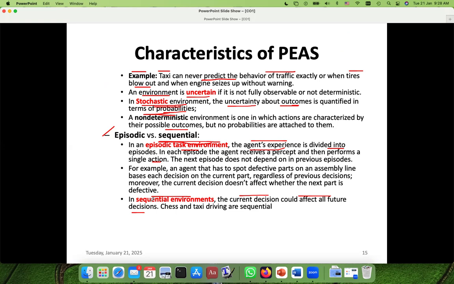Here, in a sequential environment, one state is dependent on the other, and on the other. So states depend on each other, or you can say the next state is dependent on the previous state. That is the true sentence for a sequential environment.